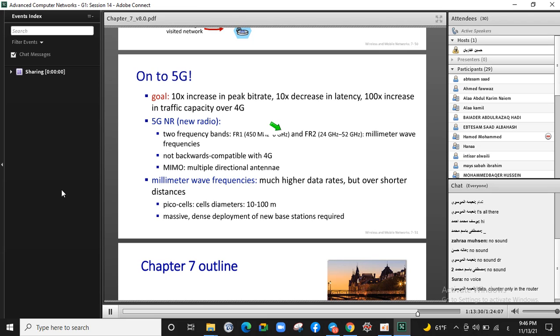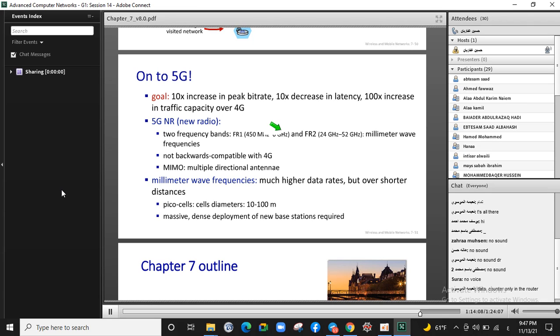Everything, the uplink and downlink, uses new, different frequency channels without backward compatibility, and we need to use advanced technology in antenna design, for example, MIMO or something like that.